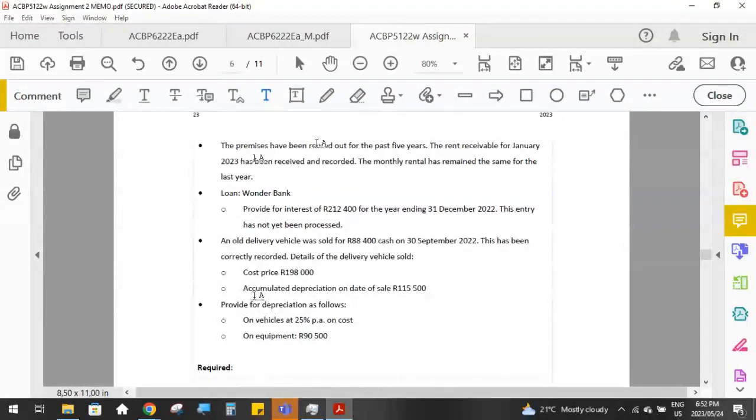Then the premises have been rented out for the past 5 years. So we as a company rent premises out to somebody else. So we have rent income; rent receivable for January 2023 has already been received and recorded. And the monthly rental has remained the same for the whole of last year.